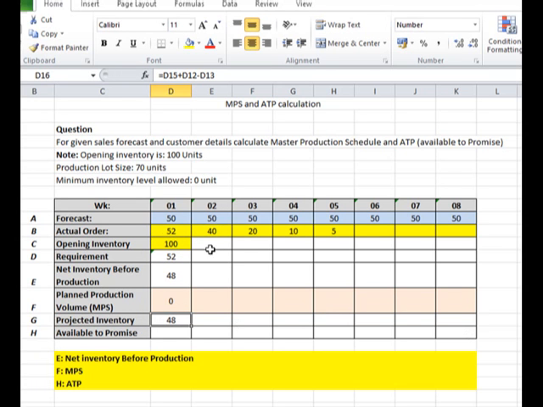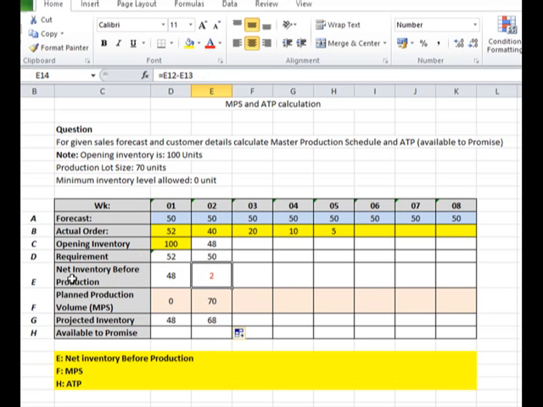For week 2, again we need opening inventory. Opening inventory for week 2 is the closing inventory of week 1. So it's just this formula. Again, the requirement of week 2, as we have done for week 1, is the max of forecasted value and actual order. So just copy down these formulas.